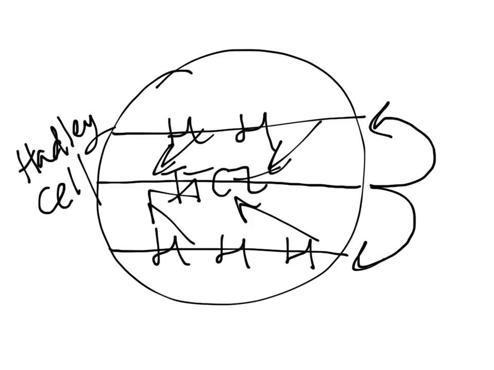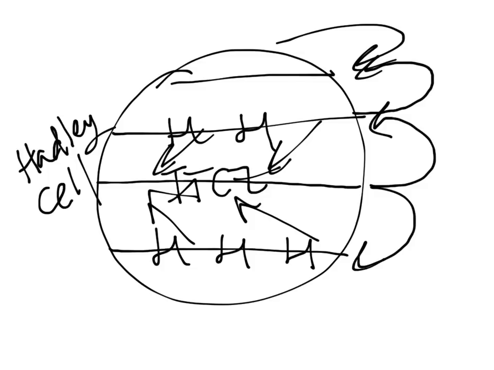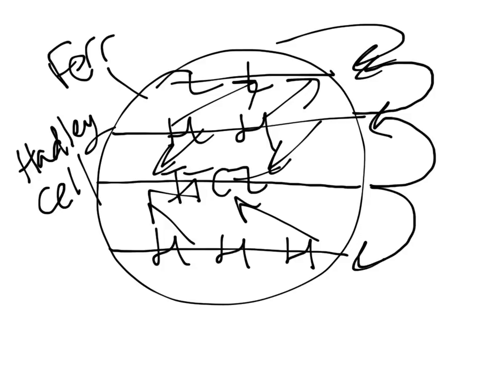It's called Hadley cell circulation after a dude named Hadley, because he came up with it. We also have right here Ferrel cell circulation. So here's our subpolar low. And we would call this circulation pattern Ferrel cell, named after the dude who came up with it.